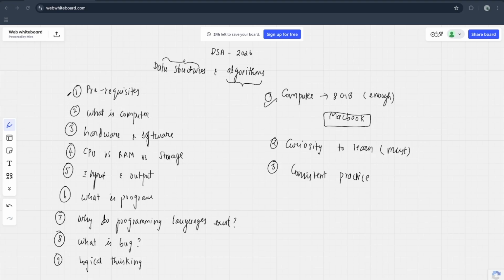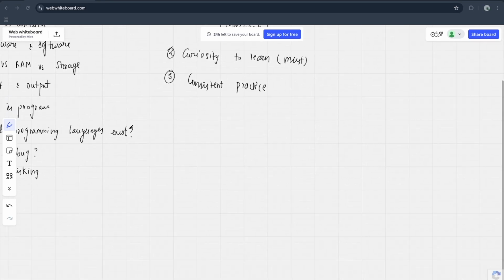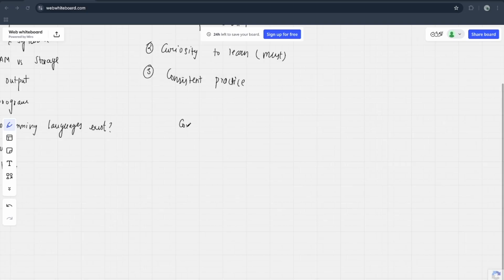After that, we just covered what the prerequisites are. Now I'll tell you what a computer actually is. In simple terms, it is a digital device that follows your instruction. It is like our maid. In India, for example, I am a working professional, so I don't have time to make dinner, lunch and everything.